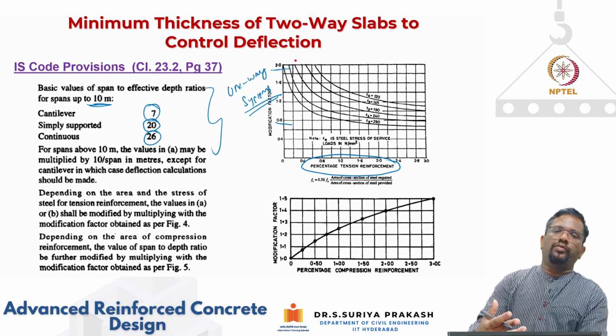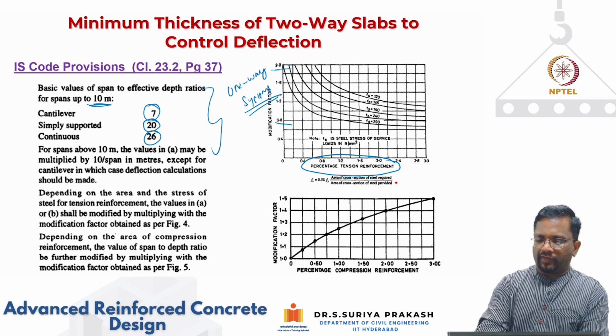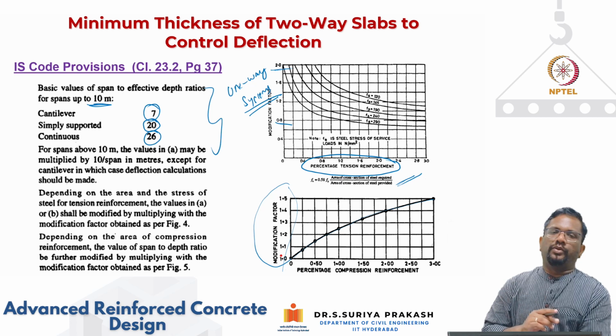If you put more than what is adequate for the service moment tensile stress, then the code is helping you by relaxing the L by D ratio requirement. That's the modification factor for your tension steel. And then we also looked at another modification factor for compression steel. Why does compression steel play a role? We have seen that it helps in tackling creep-induced, long-term deflection.